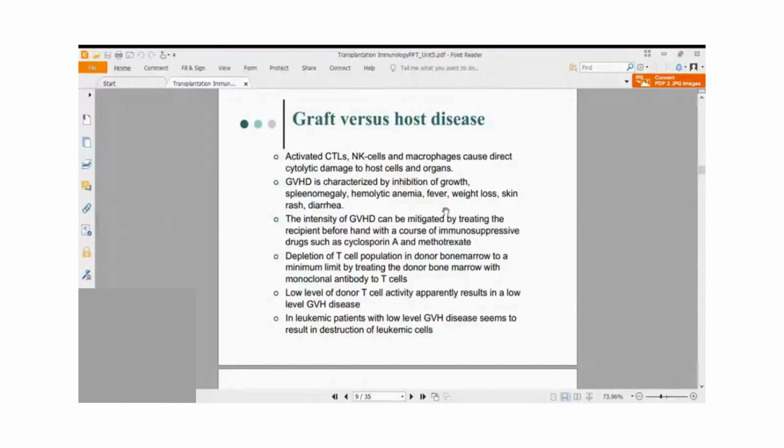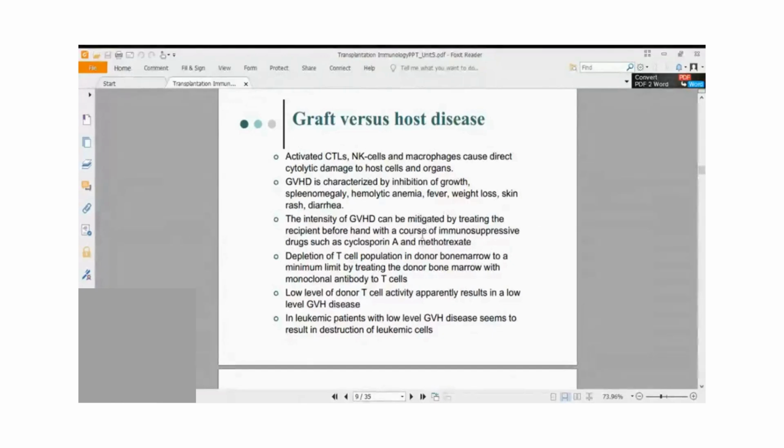So that will be responsible. If the person is leukemic, the leukemia originates from the bone marrow. It is a hematopoietic disorder. There is a possibility those cancers will be lurking somewhere and they may emerge. And if those leukemic cancer cells emerge, they will be destroyed by the donor's bone marrow cells because of low GVH. That is the only advantage experienced in bone marrow transplantation in leukemic patients.